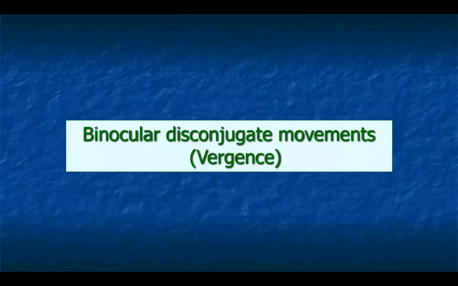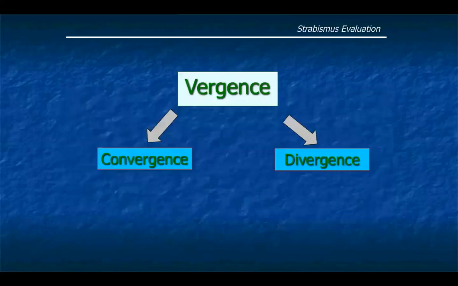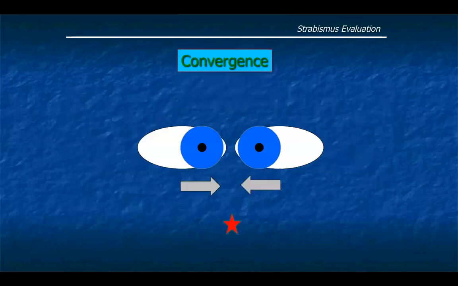Binocular disconjugate eye movements, or versions with a G, where the eyes move in opposite directions. And these could be convergence or divergence. Convergence: on looking at a near object, both eyes adduct or move inwards to see the object.